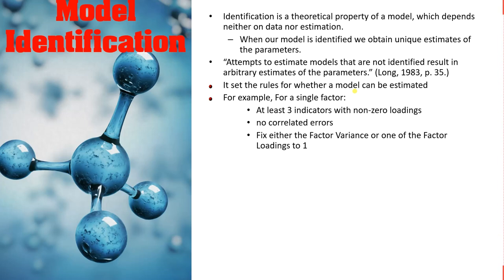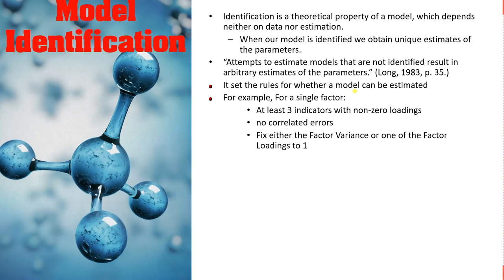For example, if we are working with a measurement model that is assumed to have only one single latent factor, then these are the conditions required to adequately identify the model. There must be at least three indicators with non-zero loadings. The errors of all the observed variables must not be correlated with each other.